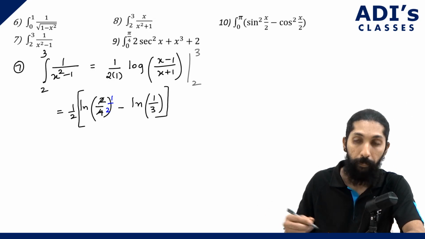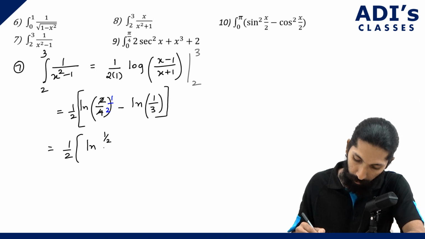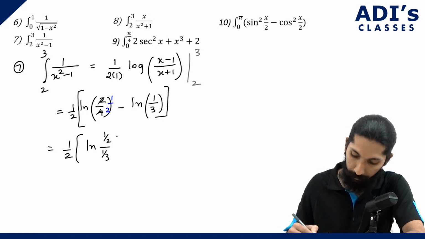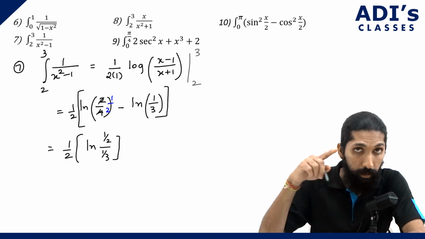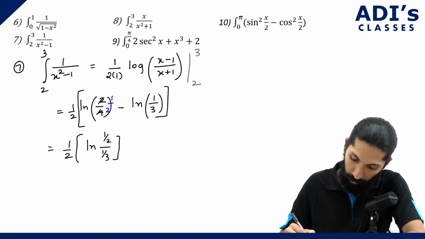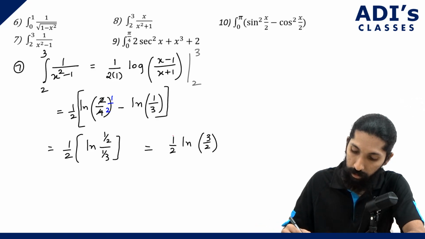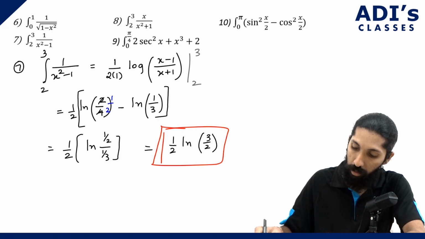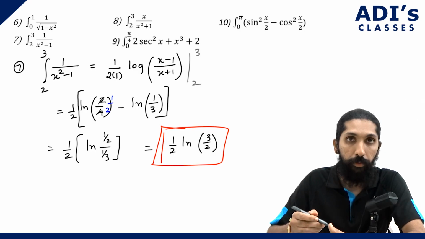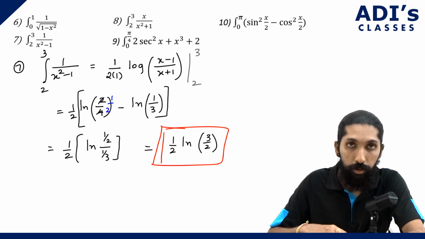So now this is going to become half log of 1 by 2 divided by 1 by 3. Log of a minus log of b is log of a by b, correct? So this is going to become half into log of 3 by 2. So the final answer is half log 3 by 2. Fair enough? So this is the answer for the seventh question.